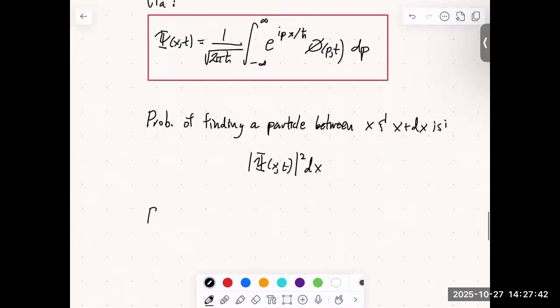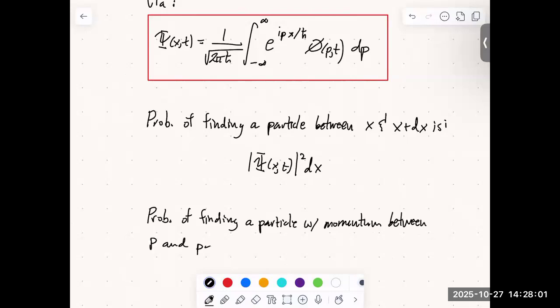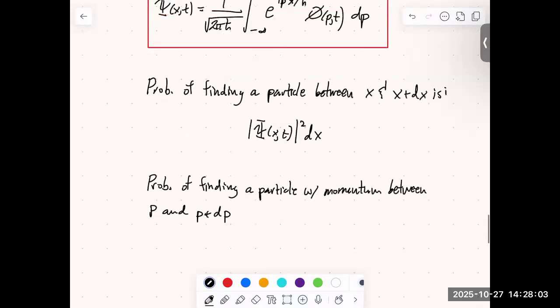But now what we're able to do is say the probability of finding a particle with momentum between p and p plus dp is, in the same way, we're going to take the square of the momentum space wave function and multiply it by dp.